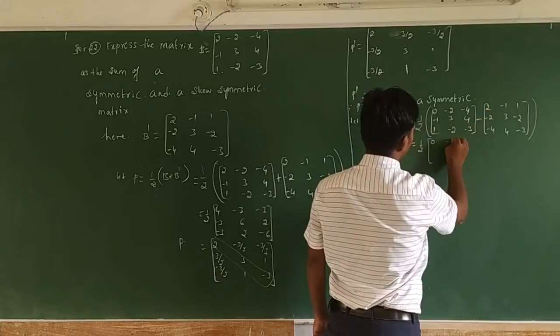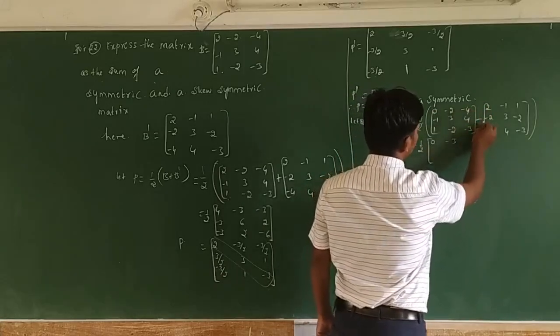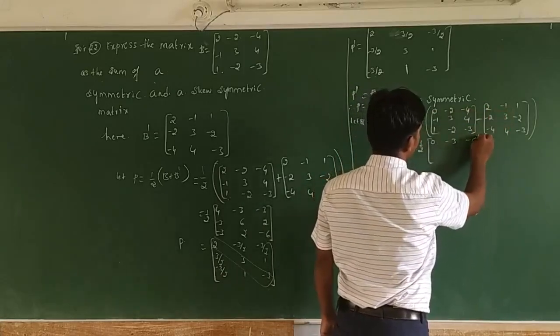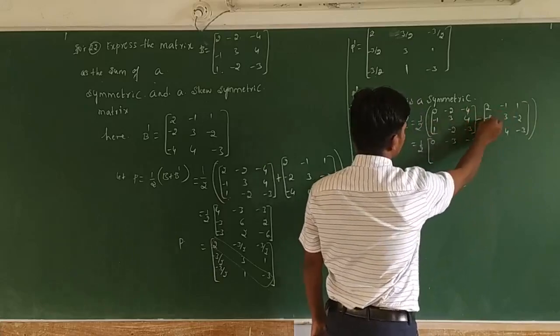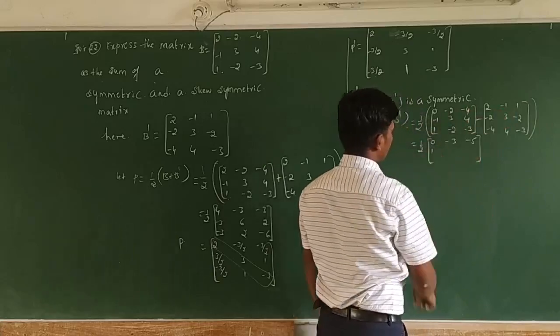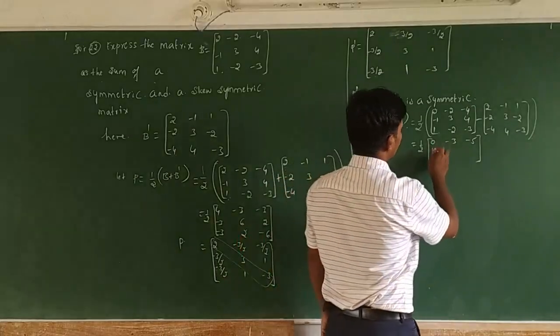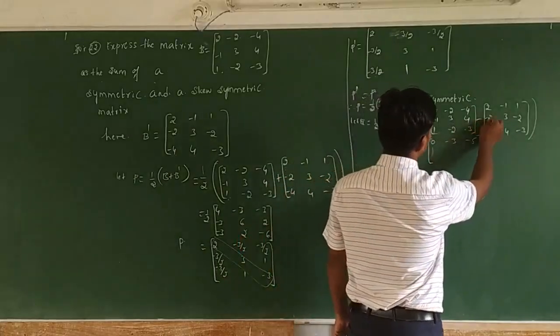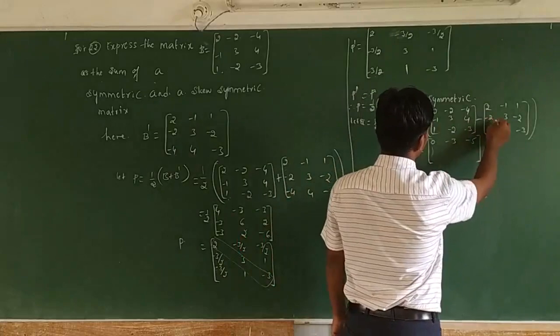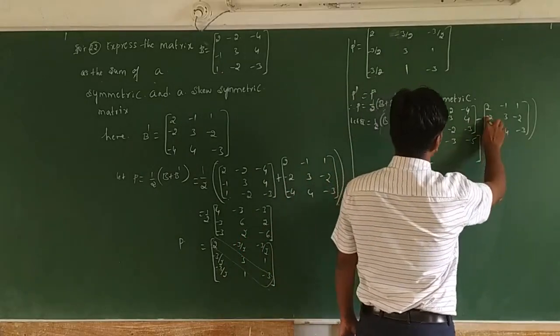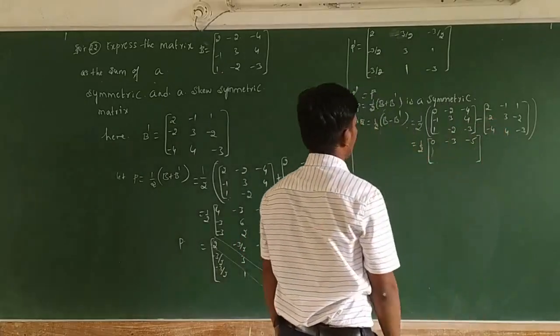Then -2 minus 1 is -3. -4 minus 1 is -5. Then -1 minus -2, so it is plus 1.